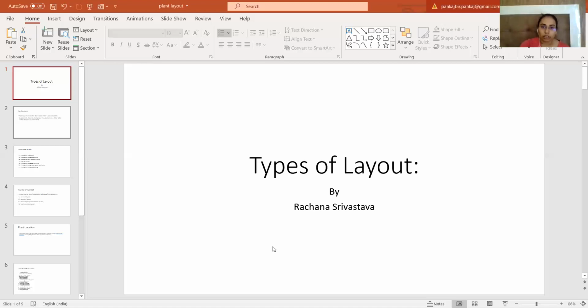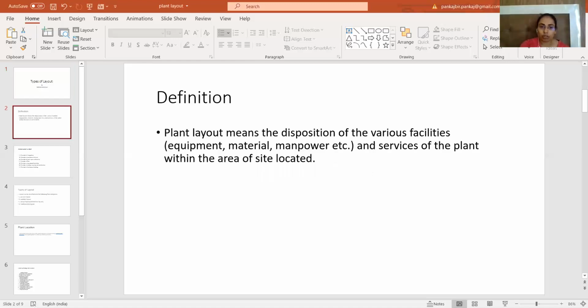As you see in the definition, plant layout is a plan of optimal arrangement of facilities, which includes employees, that means personnel, equipment, storage space, material handling equipment, and all other supporting services, along with the design of the best structure that contains these facilities.